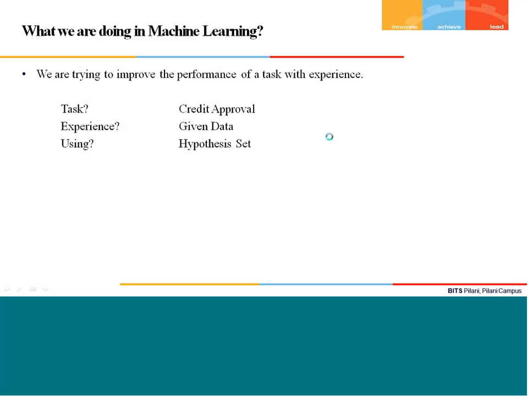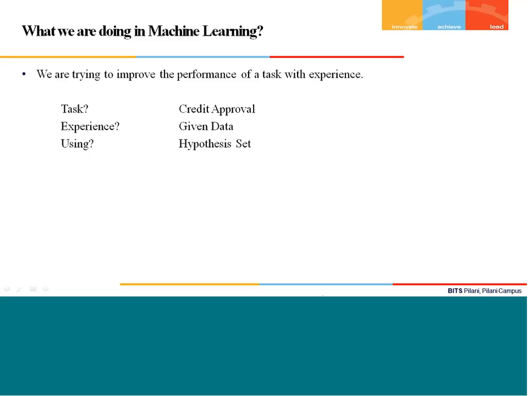What are we doing in machine learning? We are trying to improve the performance of a task with experience. I already explained that we have a task, whether to approve the credit or not. Experience means the historical data for which we have already done that, so we have labeled data. Using that labeled data, we are trying to come up with some hypothesis.